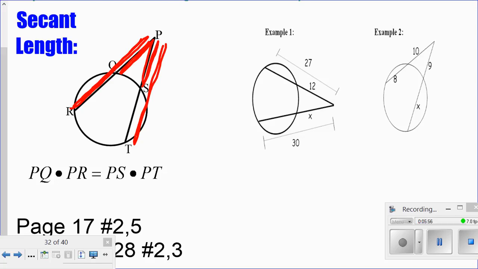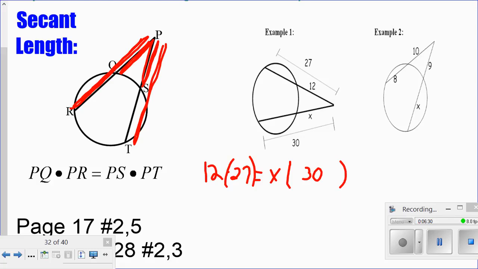So I want the external piece, so 12 times the whole entire length, which is 27, should be equal to the external piece, which is x, times the whole entire length, which is 30. So I'm going to do 27 times 12.